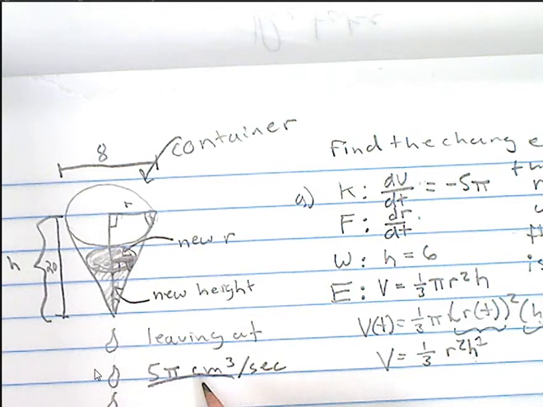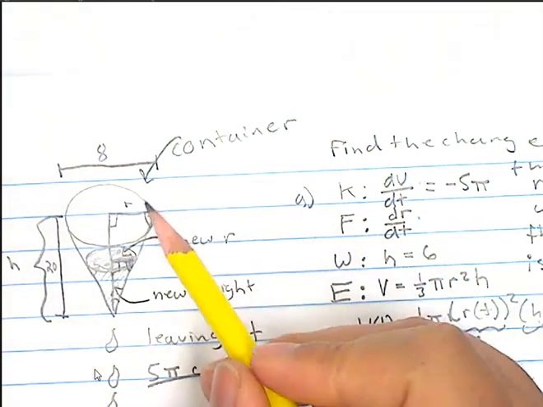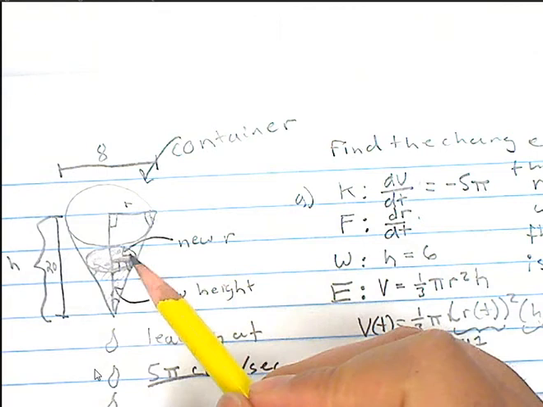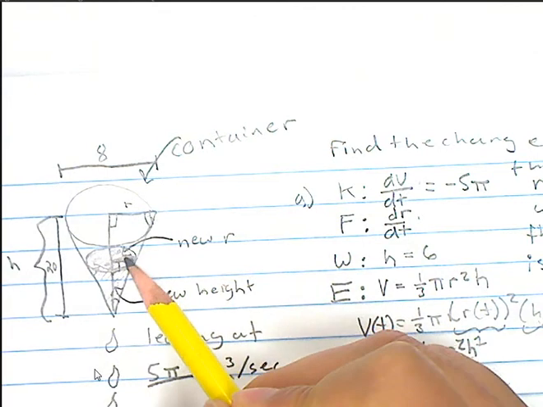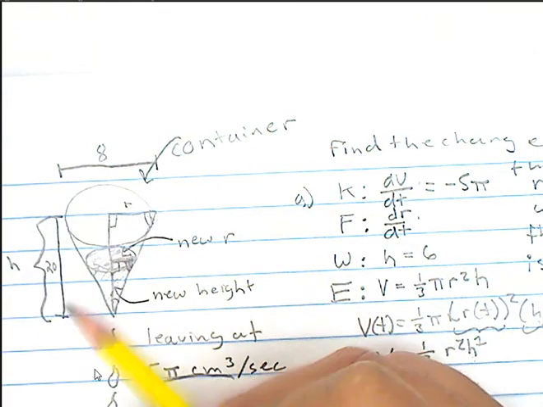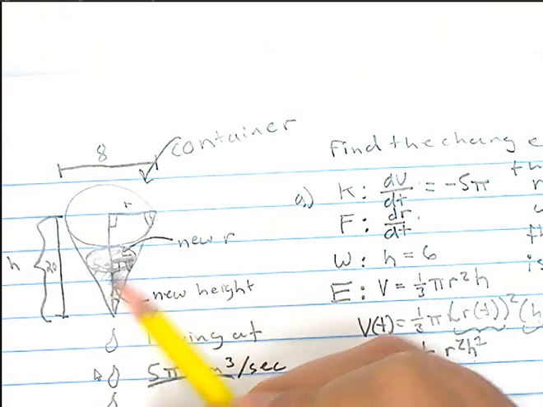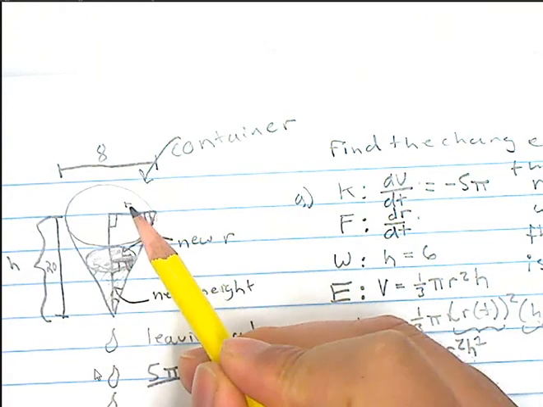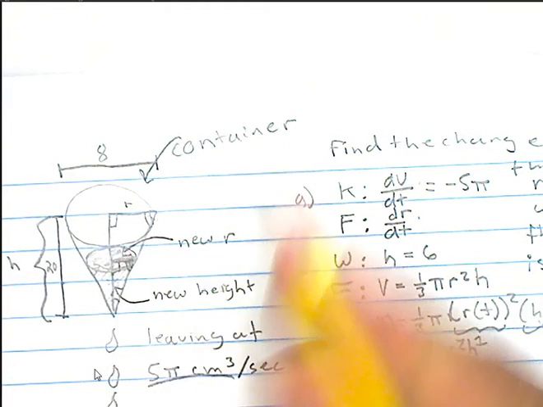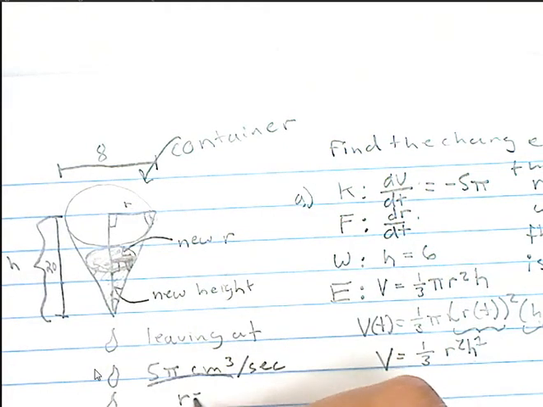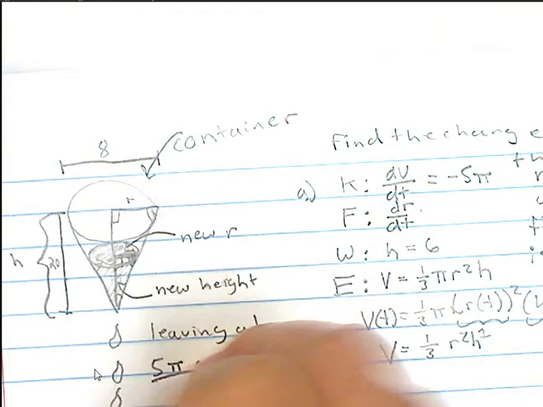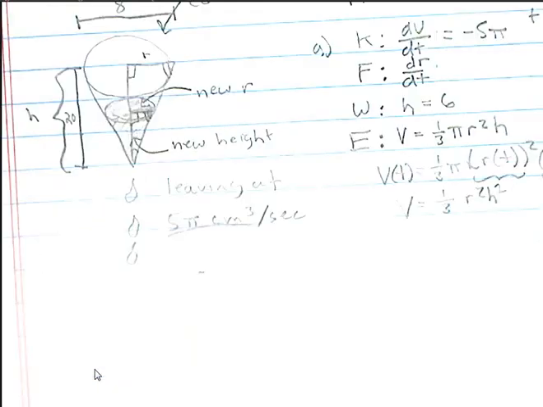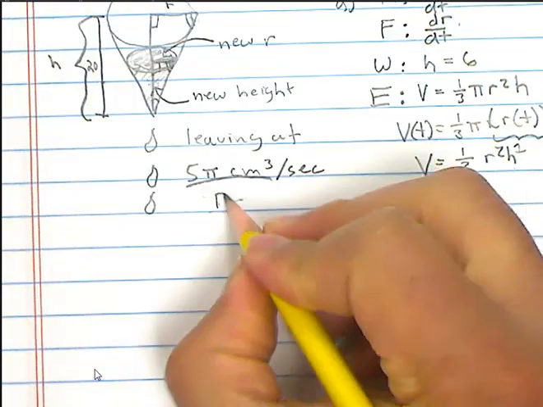So this R and this H are proportional to this R and this H. Well, what does that mean? So let's make a proportion.